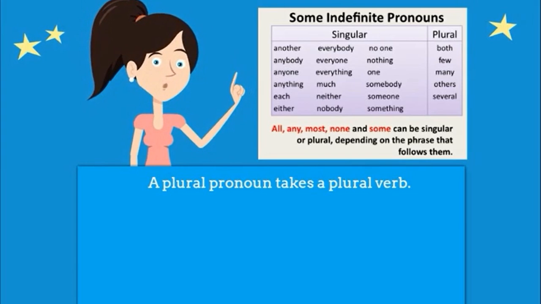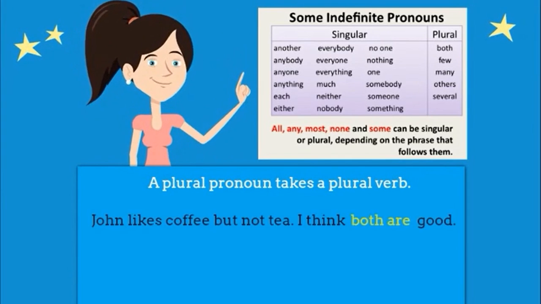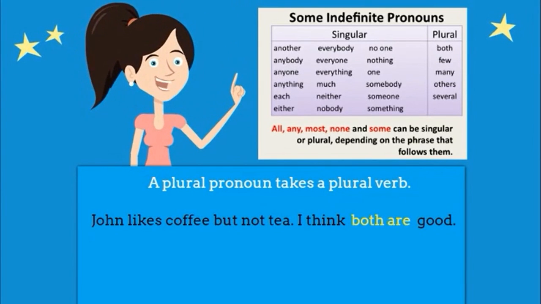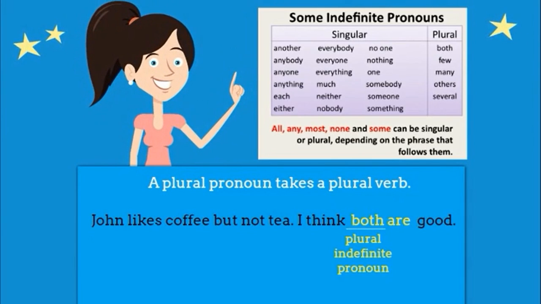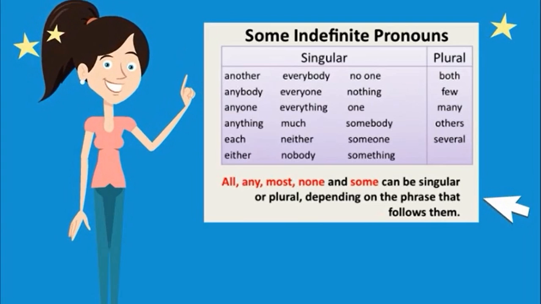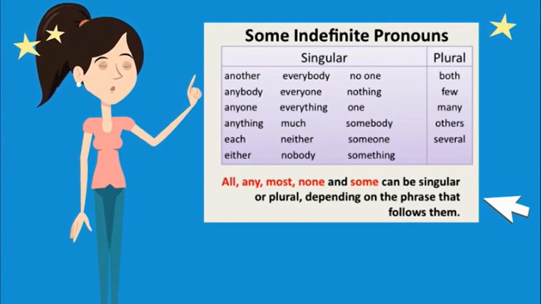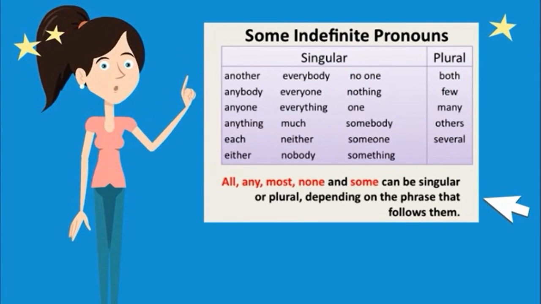A plural pronoun takes a plural verb. For example, John likes coffee but not tea. I think both are good. Both is your indefinite pronoun, replacing coffee, tea, and you have a plural verb are. Notice at the bottom of the chart, you have a list of indefinite pronouns that can be singular or plural, depending on the phrase that follows them.